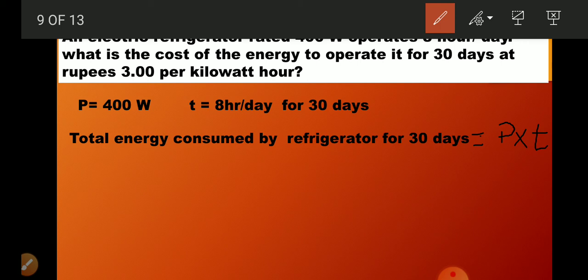So power is equal to 400 watt into time, 8 hours for 30 days.